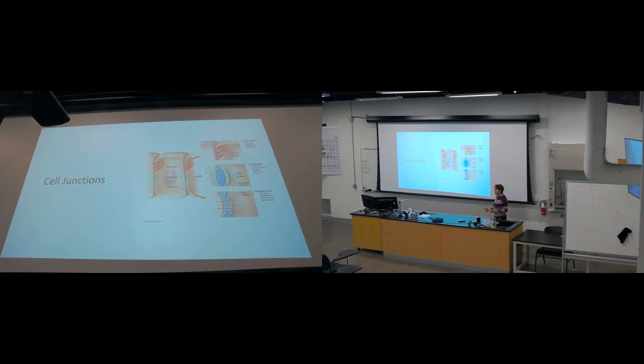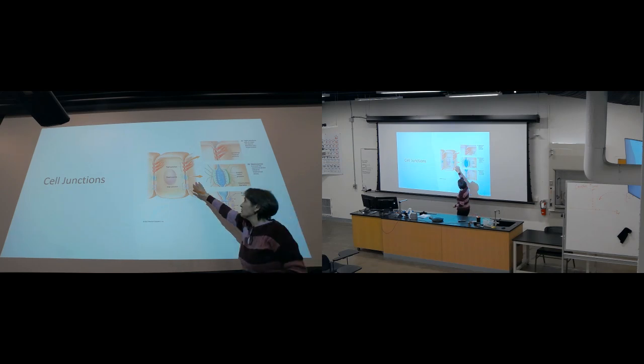For epithelial cells to be held to other cells, we have cell junctions or connections. We have different types, like this one in between the two cells. These will be the tight junctions. It's not shown in here, but underneath we have adherens junctions. These junctions help to maintain the cells in place. And then we have desmosomes here.